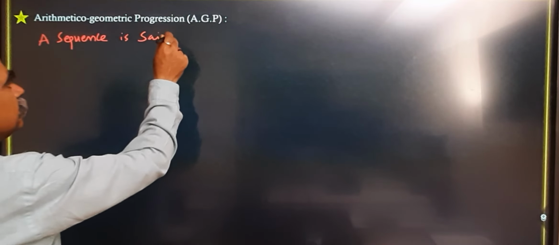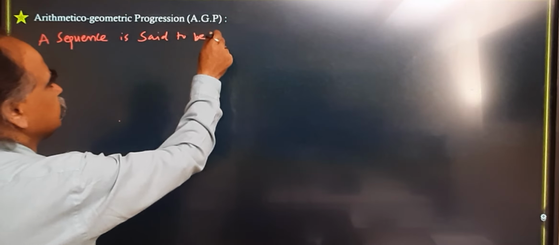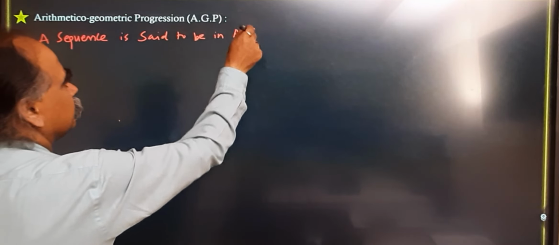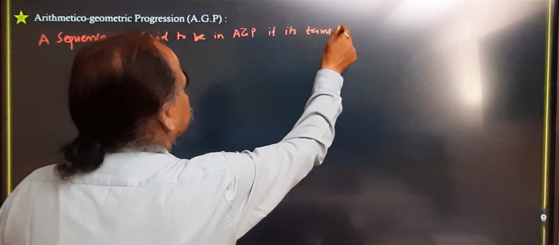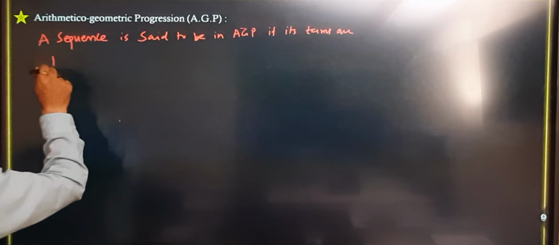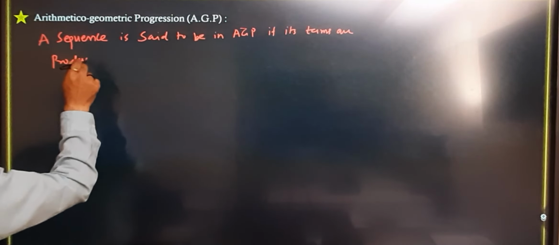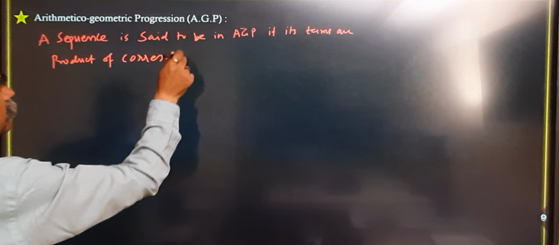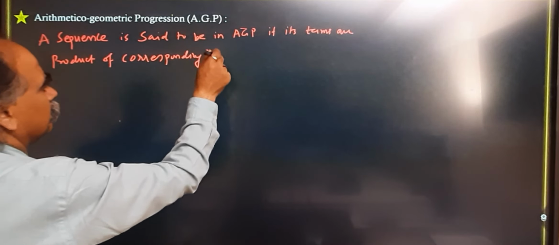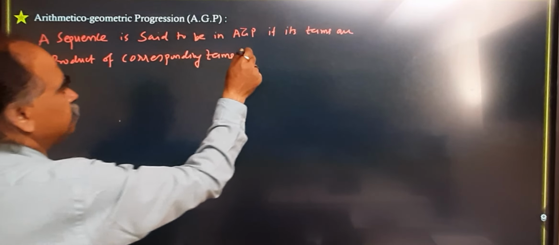A sequence is said to be in AGP if its terms are product of corresponding terms of AP and GP.